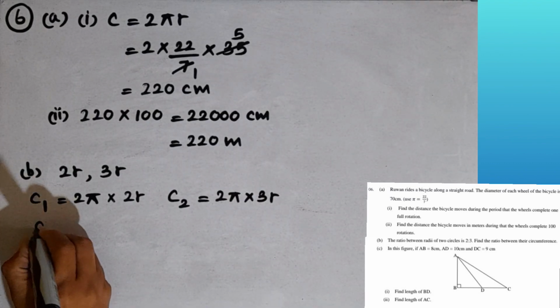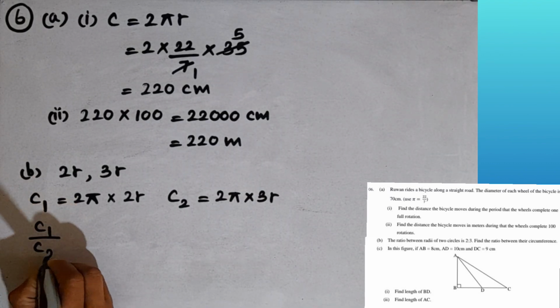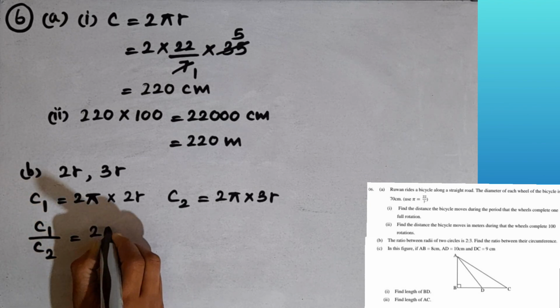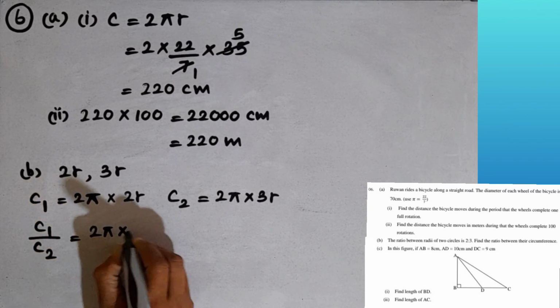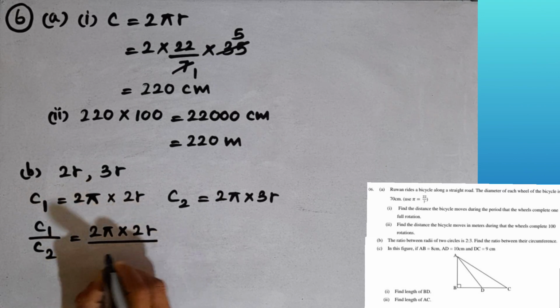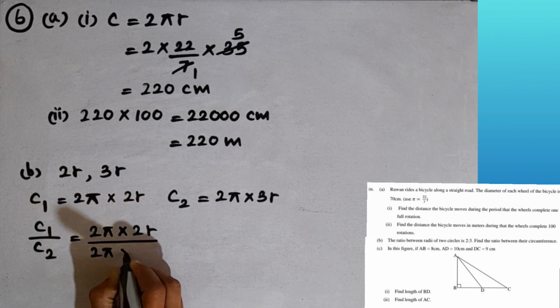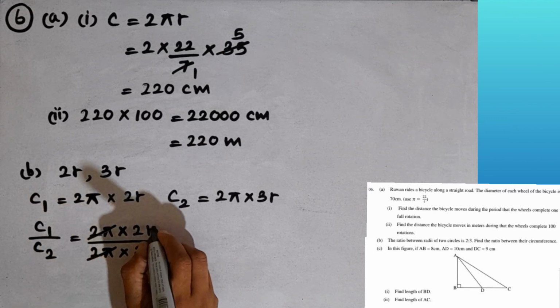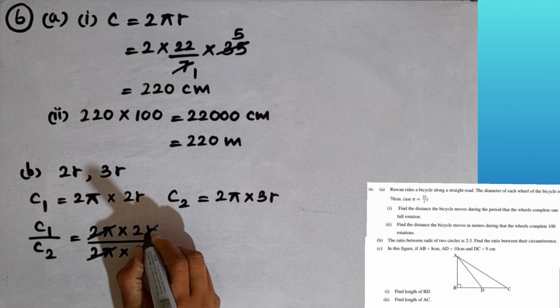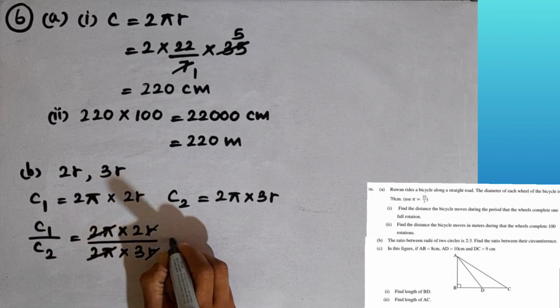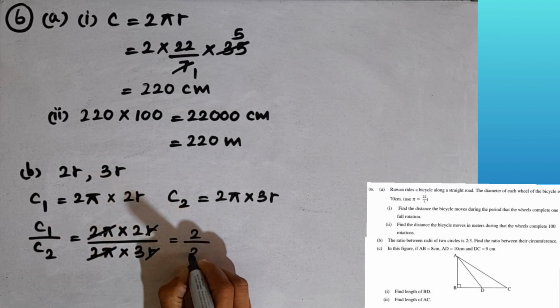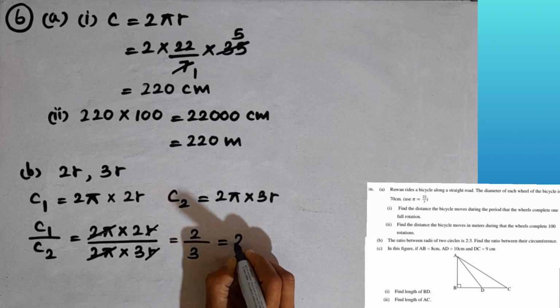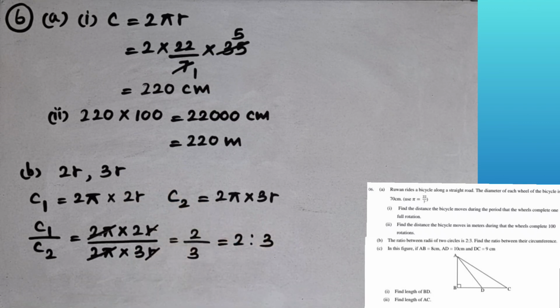Now C1 over C2 equal to 2 pi times 2r over 2 pi times 3r. 2 pi and 2 pi can be removed. Then r and r also can be removed. Then that is equal to 2/3. Then the same ratio, 2 to 3.